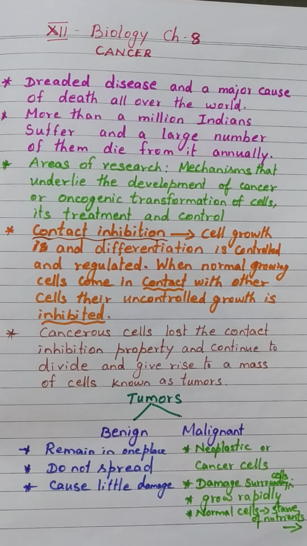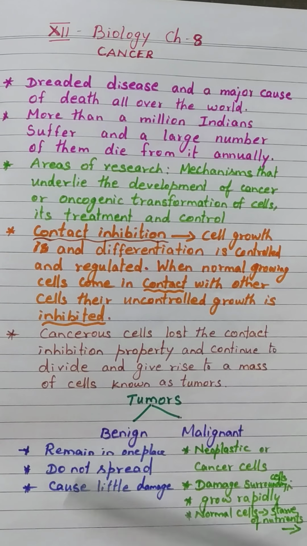Tumors means a tissue, a mass of cells. Because the number and the size increase, they produce a mass of cells, and that is known as tumors.